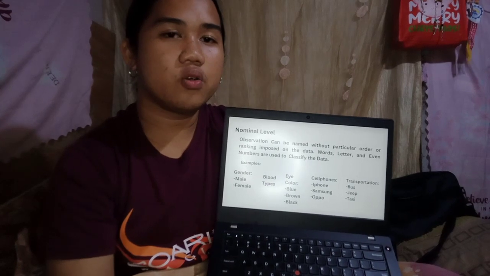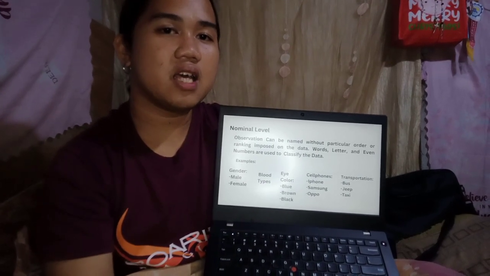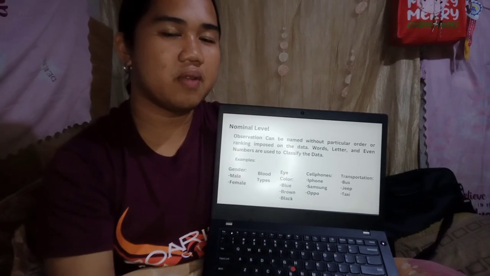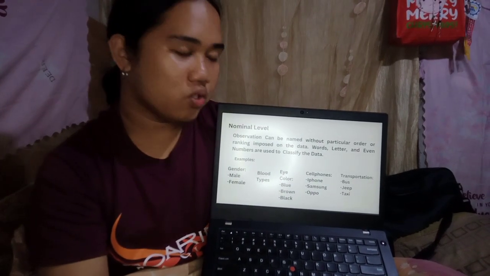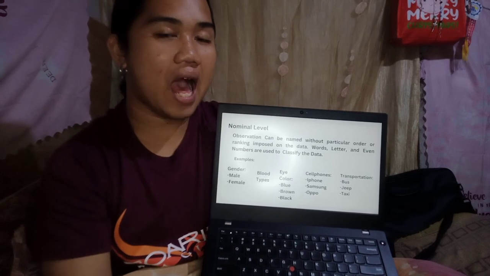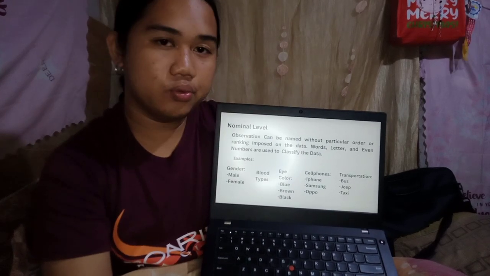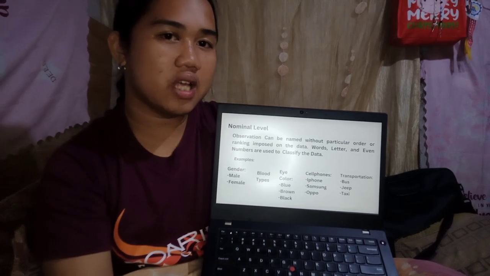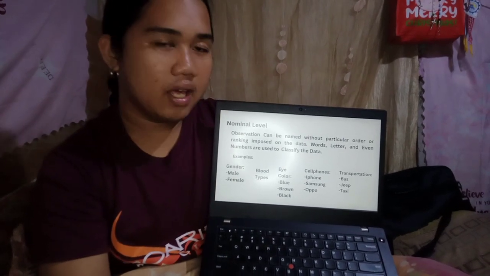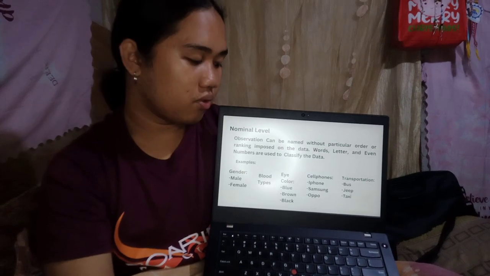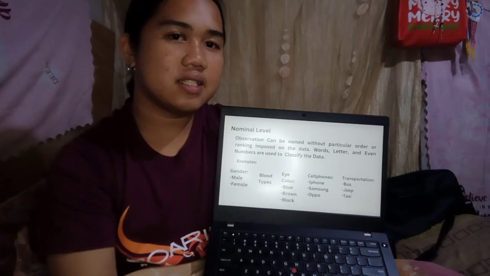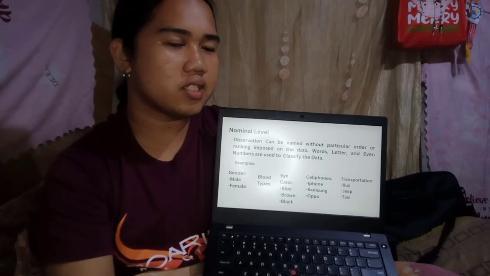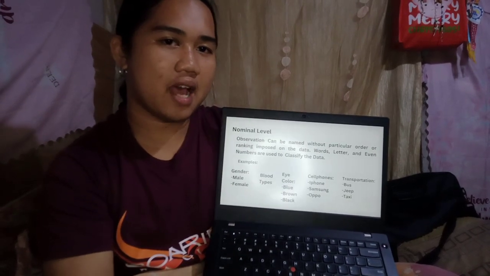Hindi natin masasabi na ang isang blood type O ay mas mataas sa blood type B o sa blood type A. Also with our third example, the eye color, which are blue, brown, and black. And our fourth example, cell phones: iPhone, Samsung, and Oppo. And lastly, transportation, we cannot say na mas mataas yung bus kaysa sa jeep, and yung jeep kaysa sa taxi.